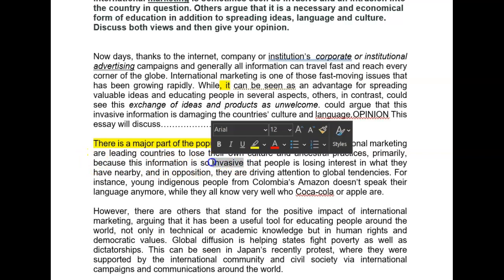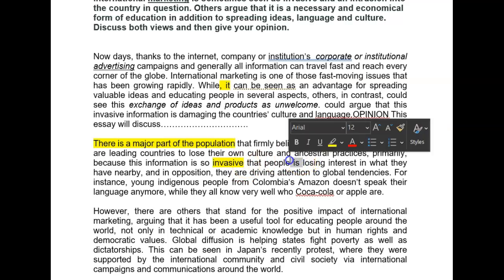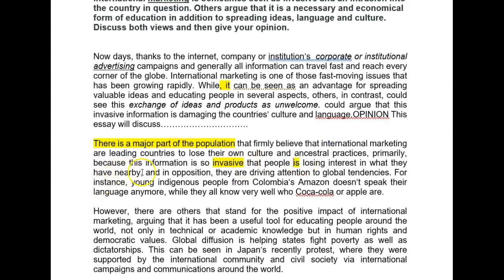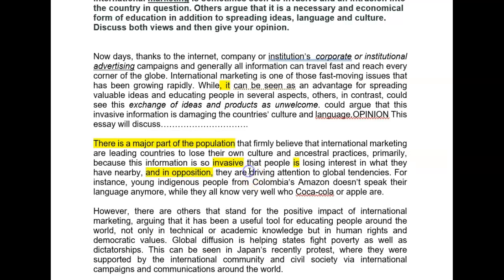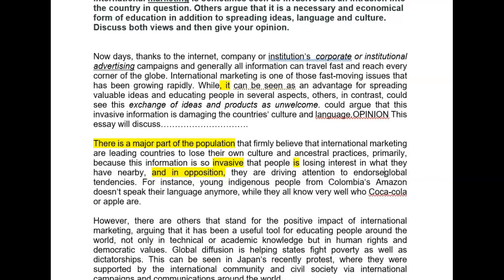So change that word, damaging or unwelcome or unpopular or different, that people are, careful on the verb here, losing interest in what they have nearby and I wouldn't say in opposition, and are inclined maybe, and are becoming inclined or motivated to or maybe to endorse global tendencies, endorse or embrace more global tendencies.